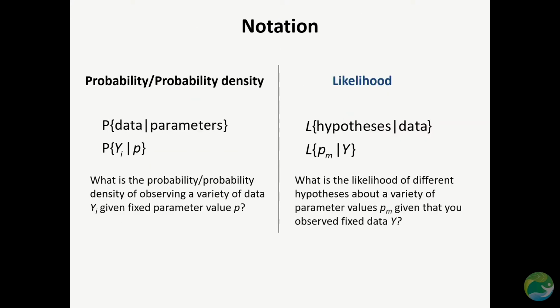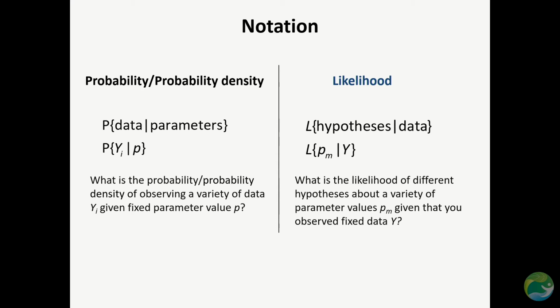So let's talk about notation. For probability or probability density, we use P. Even with the parameter, we know this coin is fair, so the parameter is 0.5.